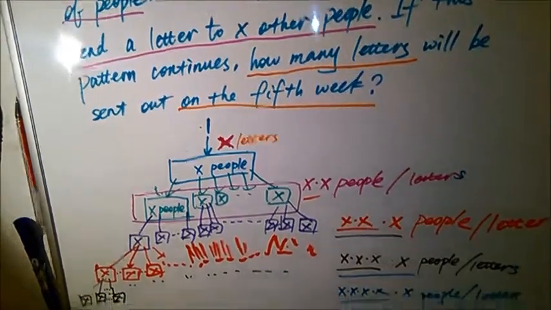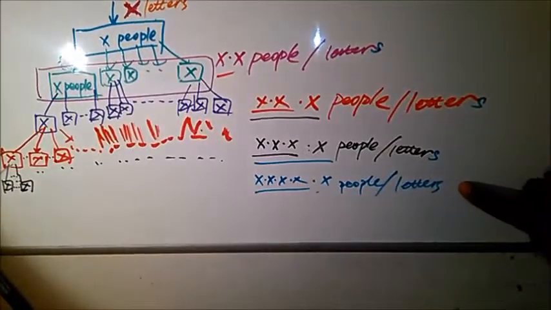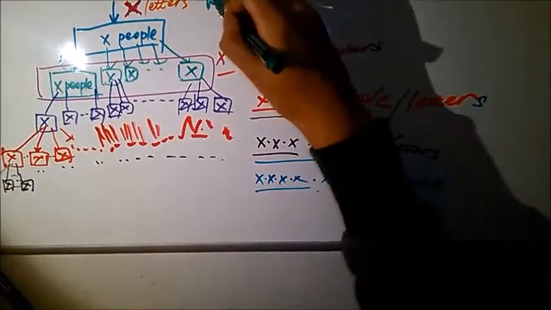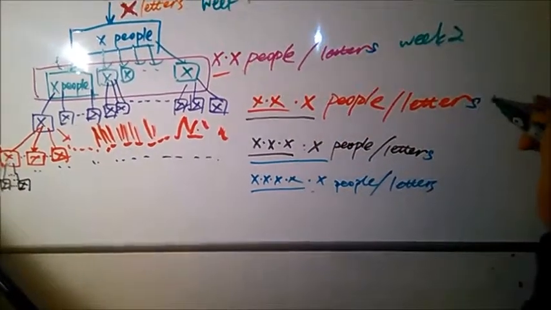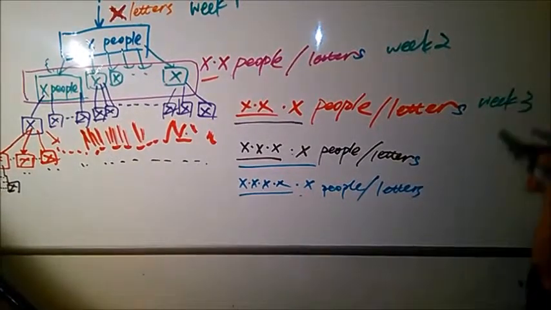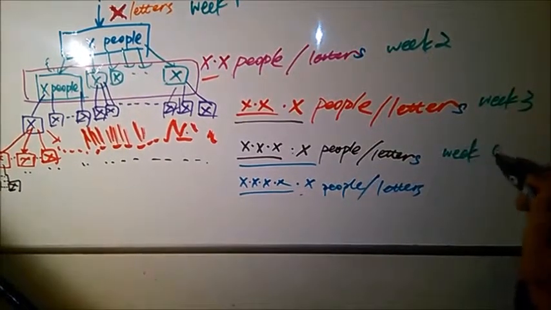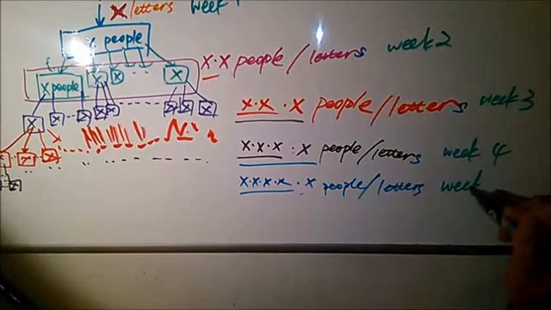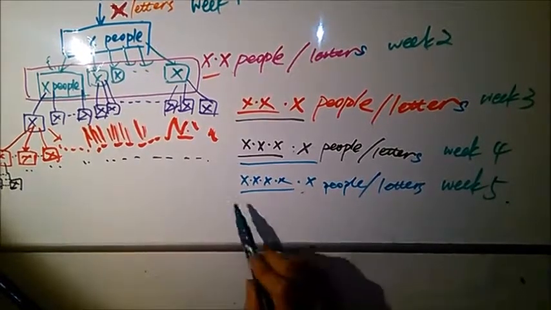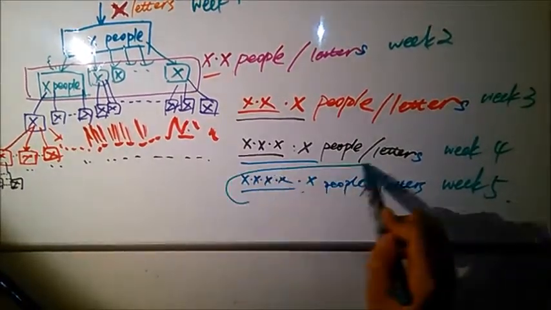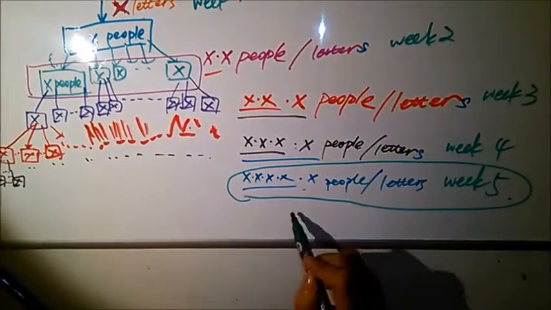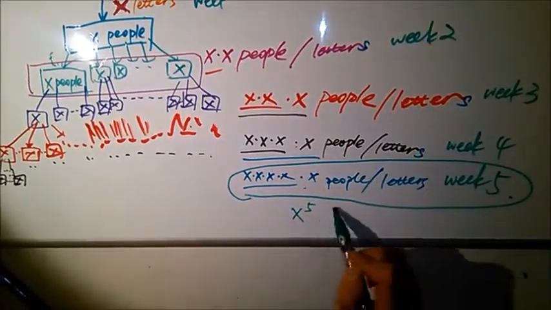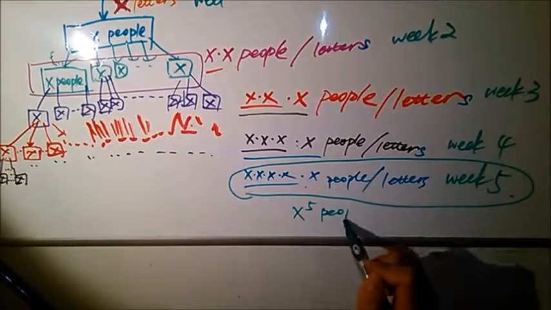If you look, it's week 2, week 3, that's week 4, and that's week 5. On the 5th week, we're going to circle it. There's going to be X times X times X times X times X people. That's X to the 5th power. And that's your answer for that one.